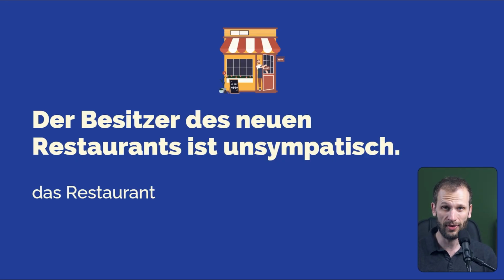And the noun also gets an S. Restaurants. Der Besitzer des neuen Restaurants ist unsympathisch, is unfriendly. This adjective is not in front of a noun, so in this case, no ending at all.